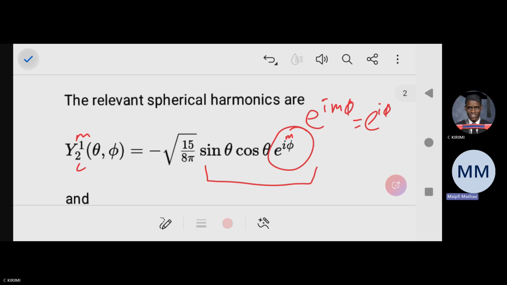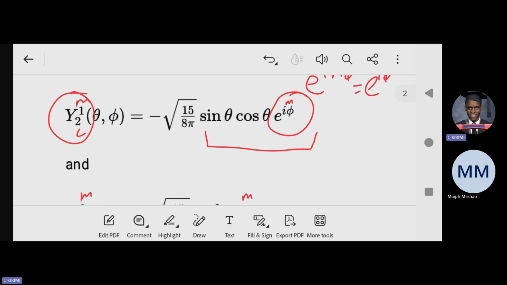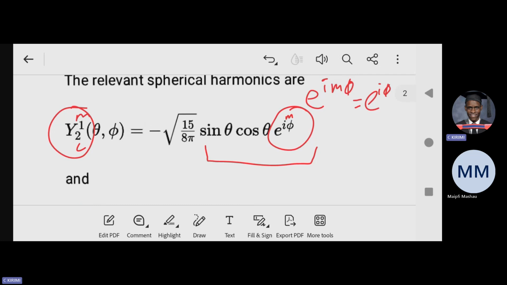So Monday, can we start with question 5? I would try to check the video and see. You must also check the notes as well, where the L and where the M is coming from.